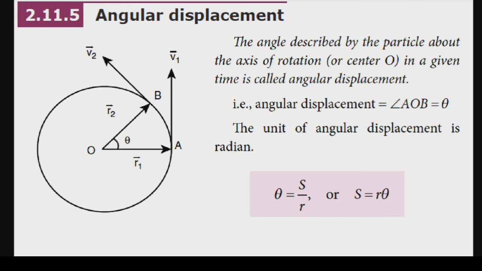So we get an angle theta. The unit of angular displacement is radian. So theta is equal to S by R, so S is equal to R theta. Since a theta is formed, this displacement is called angular displacement.